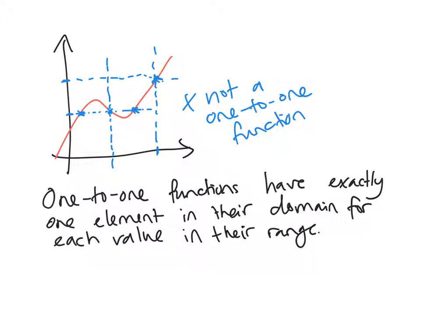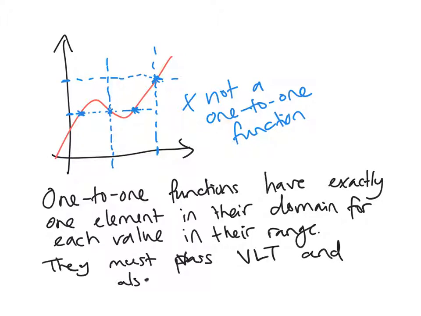Basically what that means is that they have to pass the vertical line test, but they also have to pass the horizontal line test, which is what we just did there. So they must pass the vertical line test and also the horizontal line test.